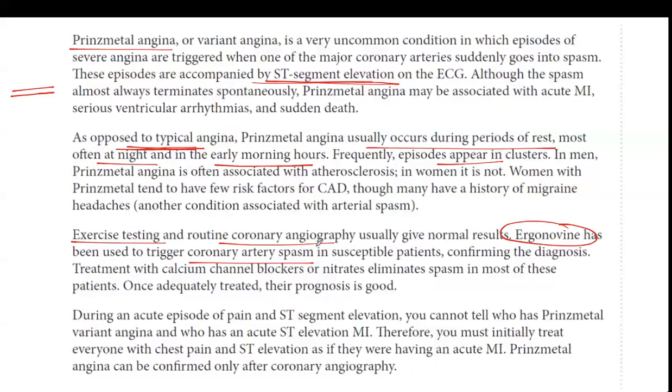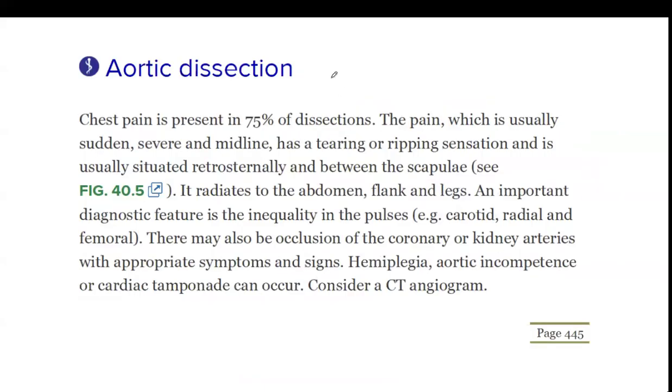You can ask how to differentiate this from Takotsubo: by echocardiogram, because in echo, Takotsubo will have the ballooning, Prinzmetal will not have the ballooning. Treatment, because the problem is coronary artery spasm, you need to give something which can dilate the coronary artery, which is a calcium channel blocker or nitrate. Okay? Not very important, just good to know.